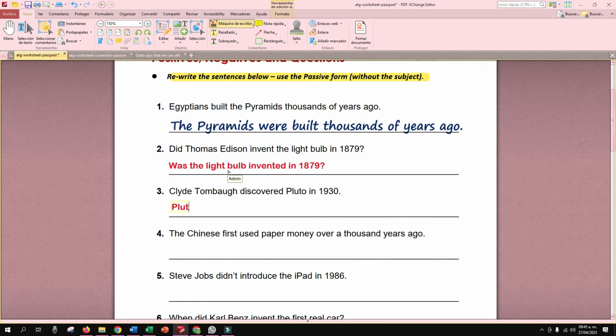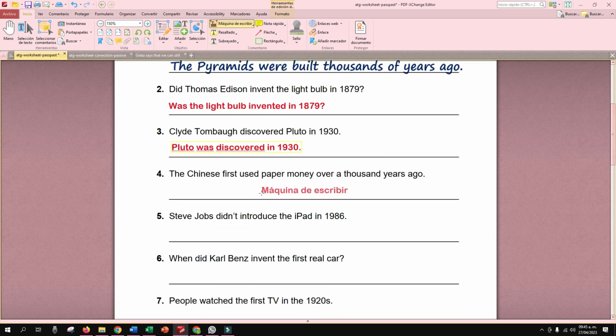So Pluto was discovered in 1930. Excellent, very good, right? So you can also add by Clyde, but that is not necessary, right? So Pluto was discovered in 1930.